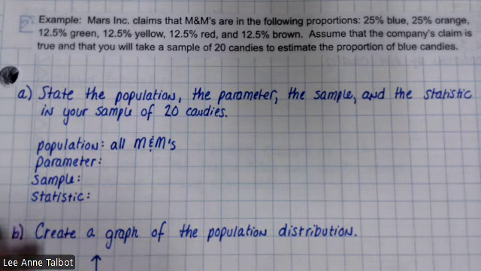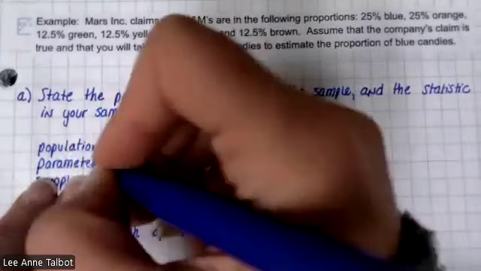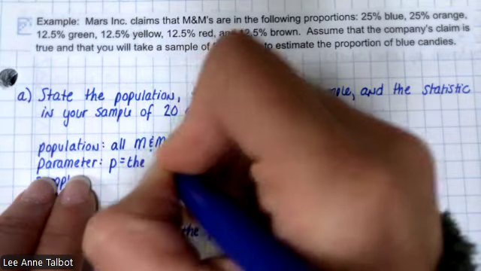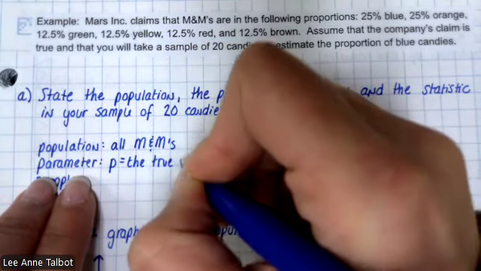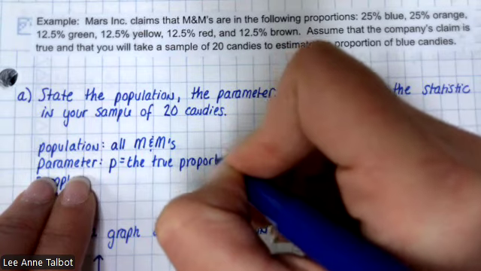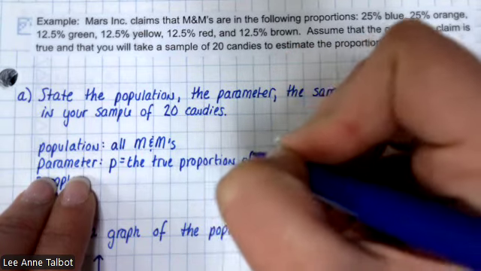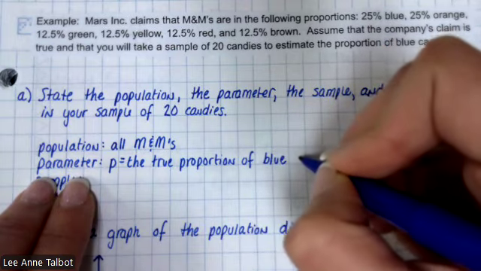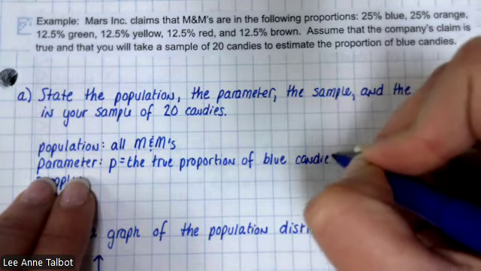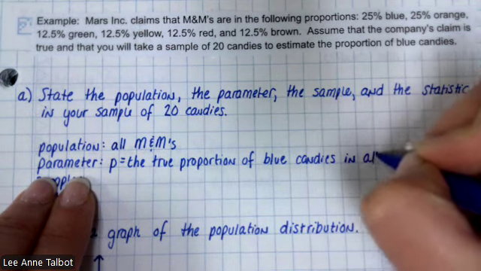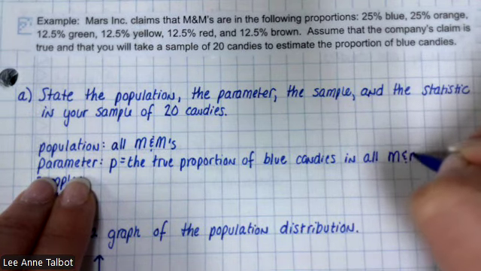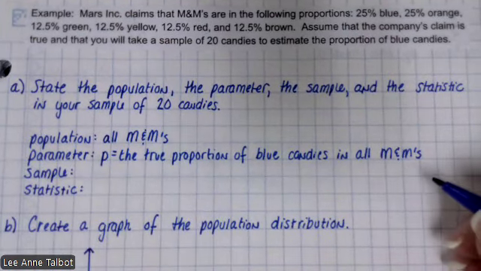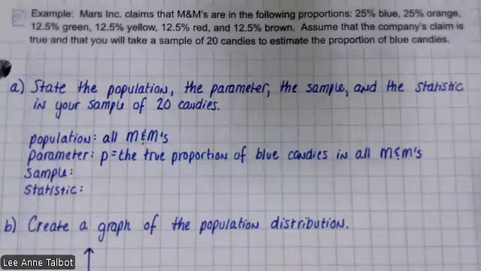The parameter is P equals the true proportion of blue candies in all M&Ms. This is what we're trying to find out. What is the true proportion of blue candies in all M&Ms?